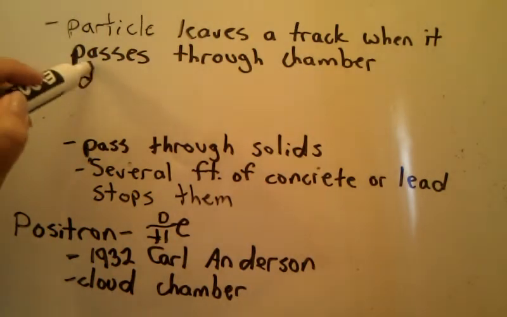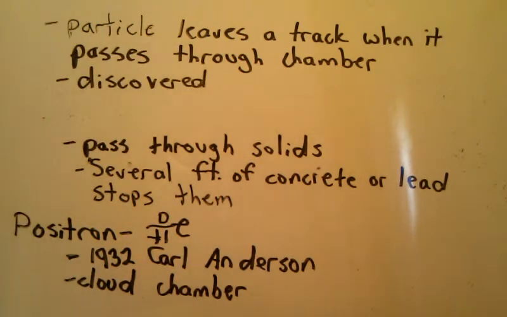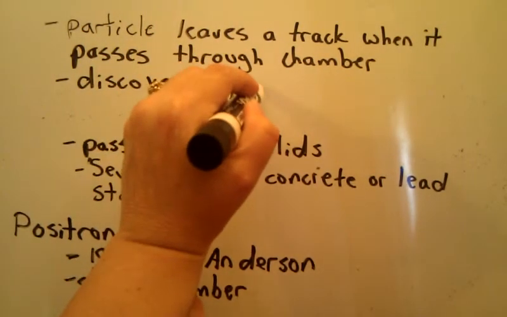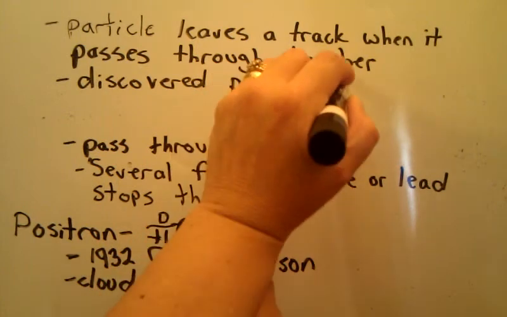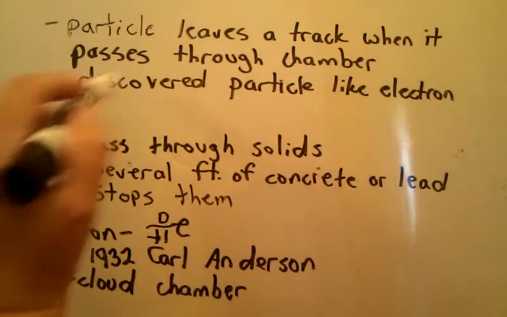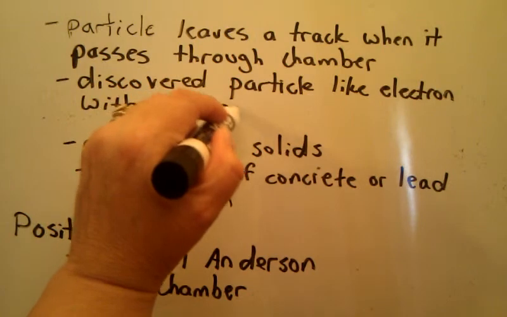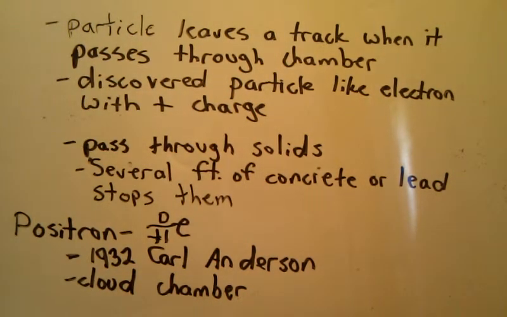So through this he discovered a particle like an electron but with a positive charge. I'm going to put a plus sign for positive. And that's why he called it the positron. Okay?